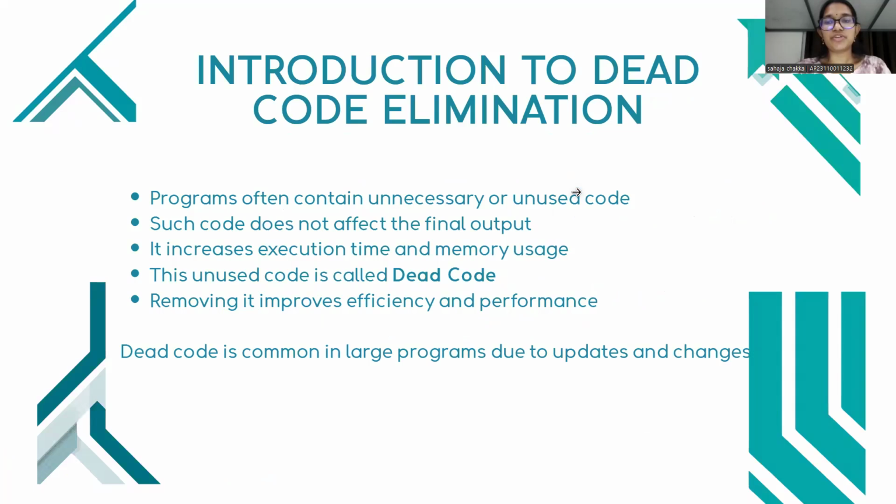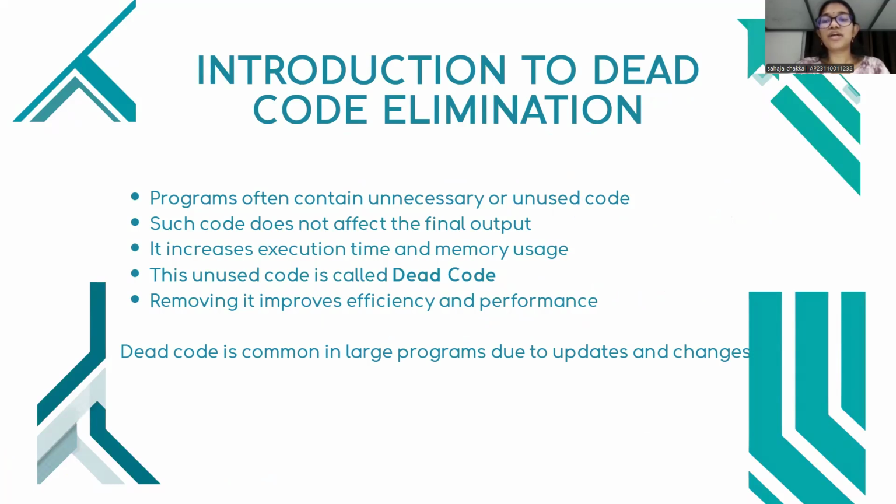Introduction to dead code elimination. In real world programming, especially in large software projects, developers often write extra code. This can happen due to debugging, testing, or modifying existing features. Over time, some parts of the code become unnecessary, but they remain in the program.